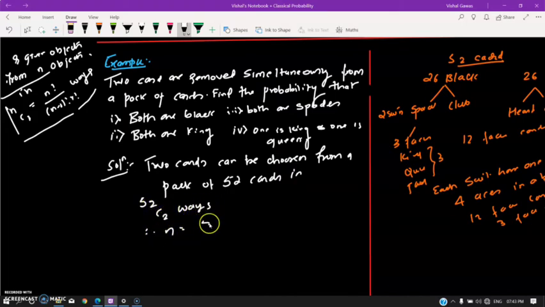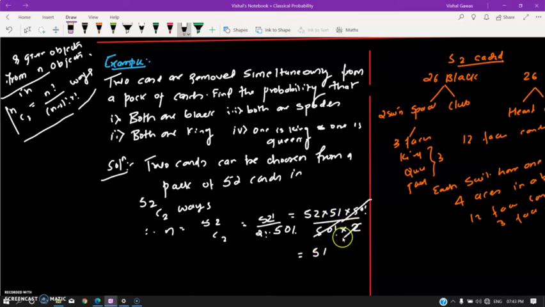Therefore, my n becomes 52C2, which is nothing but 52 factorial upon 2 factorial into 50 factorial. I can write it as 52 into 51 multiplied by 50 factorial, over 50 factorial into 2 factorial. But 2 factorial is nothing but 2, and the 50 factorials get cancelled. What is left is 51, and I can cancel the 2 with the 52, which gives me 26.